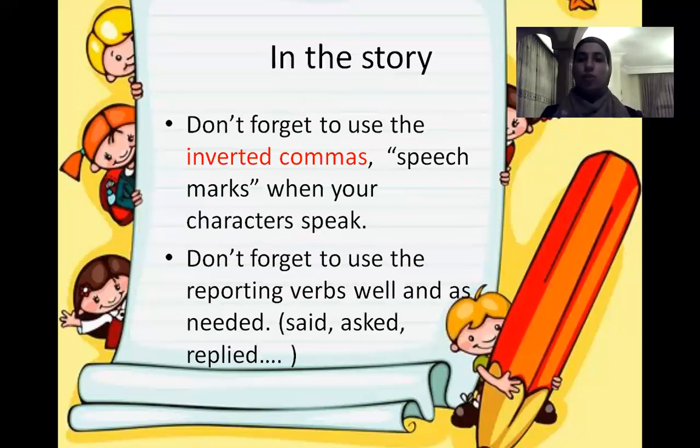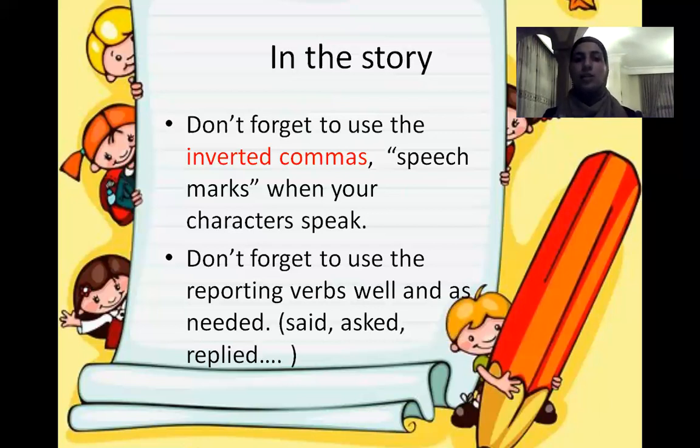Also, in the story, you have characters, and the characters talk in the story. And remember our lesson about inverted commas? You should use inverted commas whenever your characters are speaking. So when a character talks, you should put the speech of the character in inverted commas, or what we call speech marks.